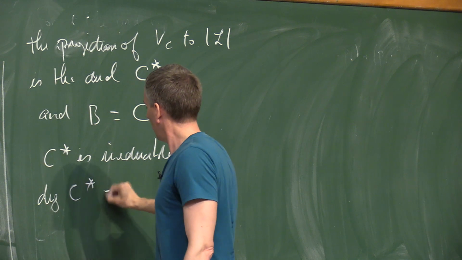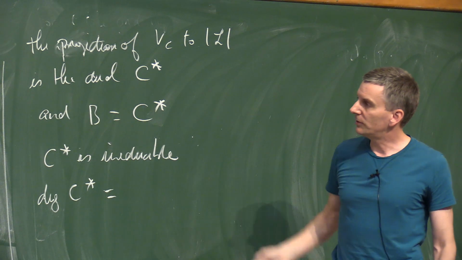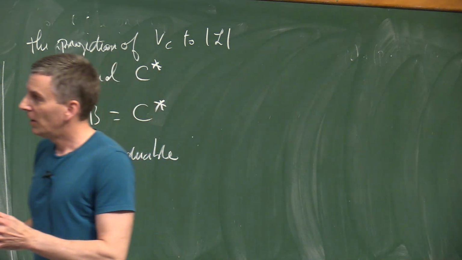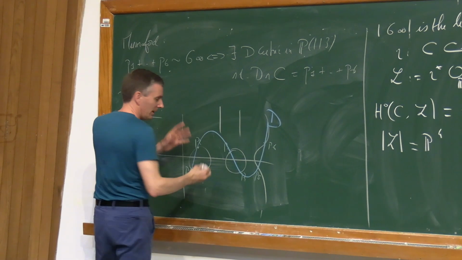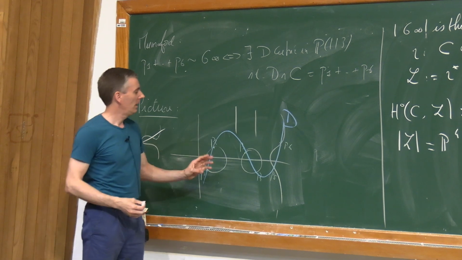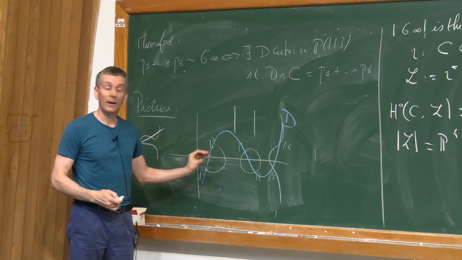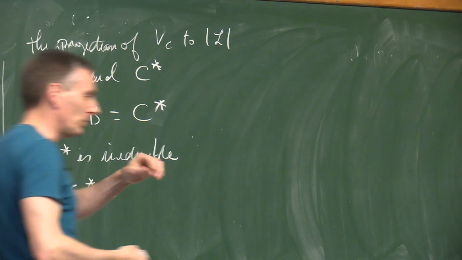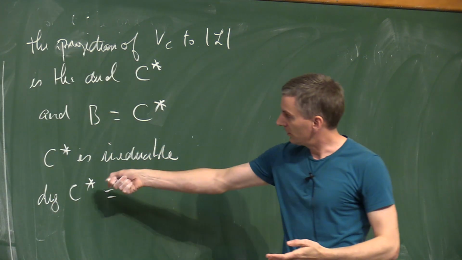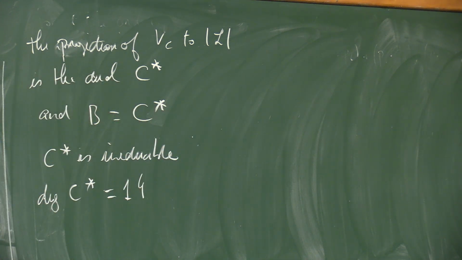There are very general formulas to compute the degrees of these varieties, but in this situation it is much more satisfactory to take a pencil of cubics. So choose a very degenerate pencil of cubics and compute how many times this pencil cuts the curve with multiplicity. This gives the correct number, to see how many times a line in P4 cuts C star, and we find 14. So this is a degree 14 hypersurface, but it is non-normal.